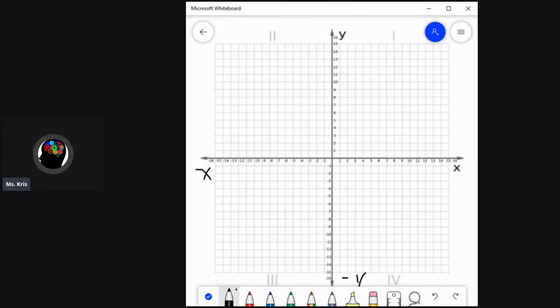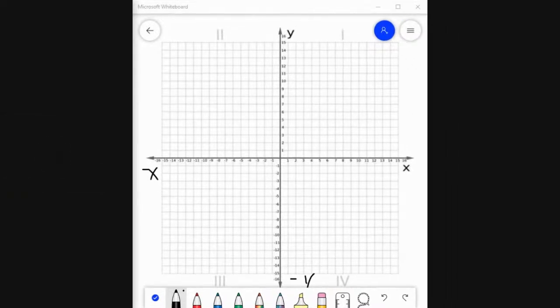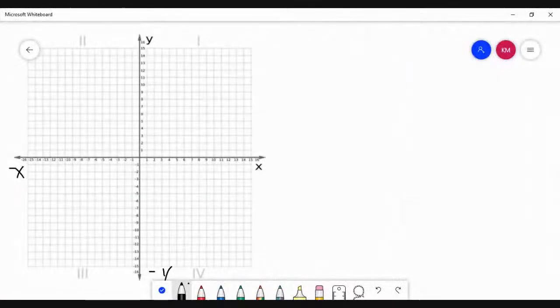Now, you can graph a function two different ways. The first way would be, of course, with a table, which I am going to switch to full mode of our whiteboard so you can see it fully. So now, table: x, y.